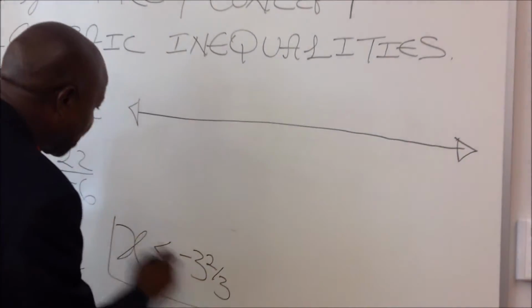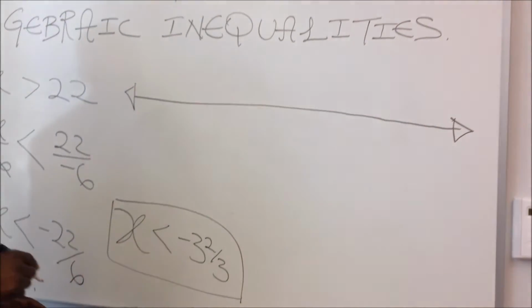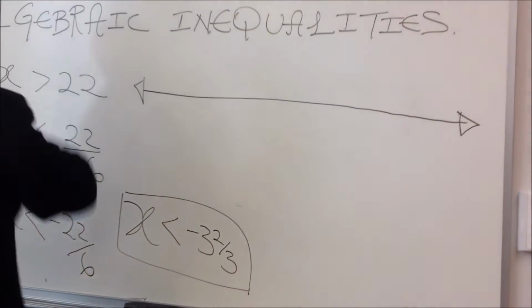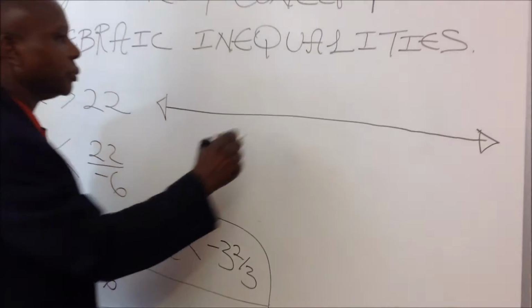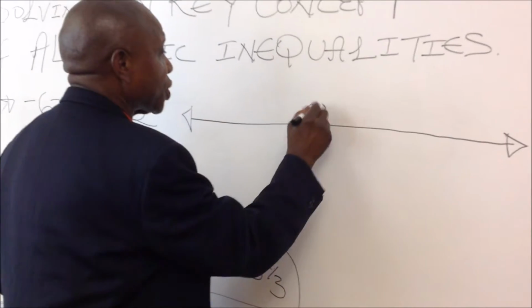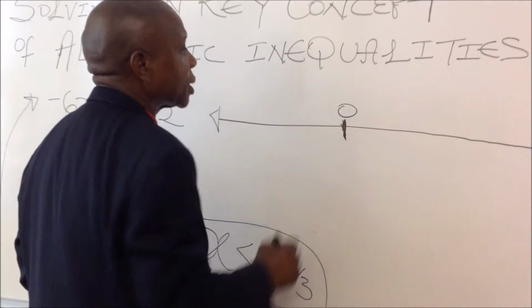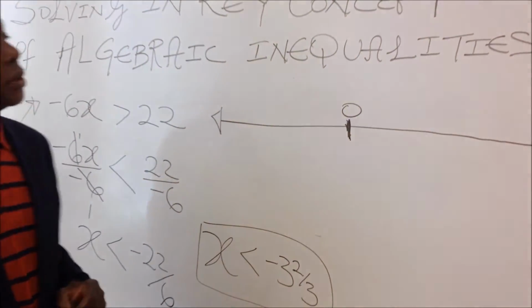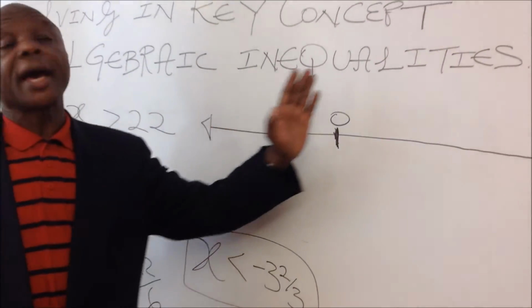So this is one form of the solution, but now we must try to represent this graphically. Notice on the real number line, the number 0 is the middle number between the negative numbers and what?